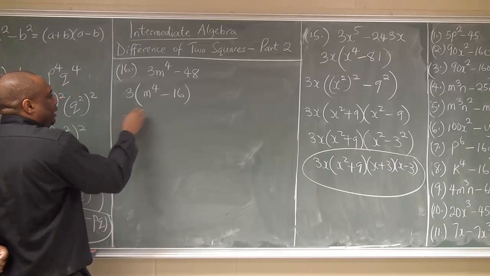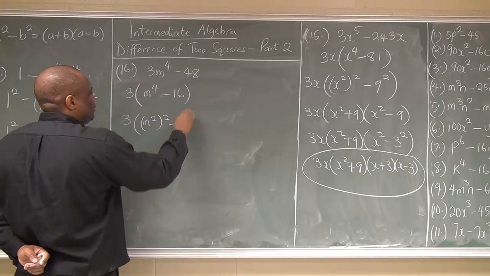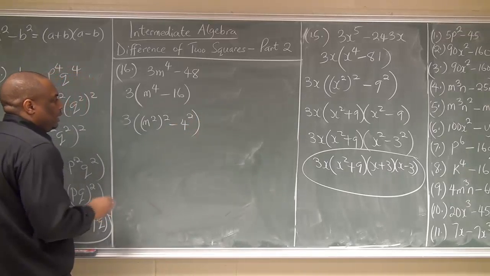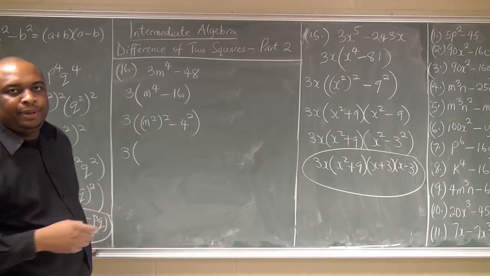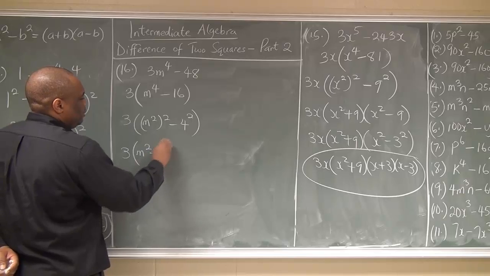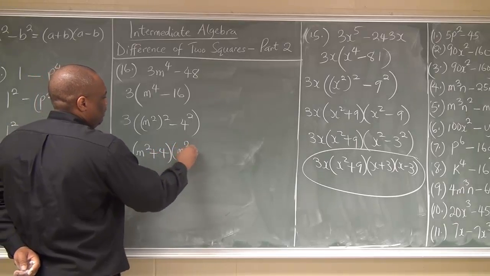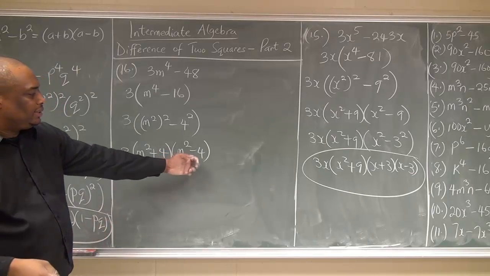So this will be 3 times m squared all squared minus 4 squared. And this is 3. Here your a is m squared and your b is 4. So this is m squared plus 4 times m squared minus 4. We can't do anything here, but we can do something here.